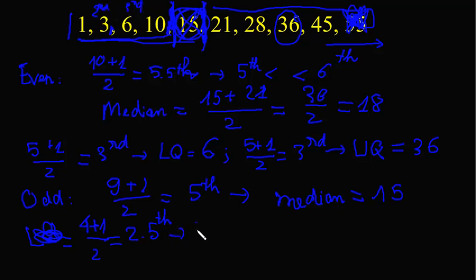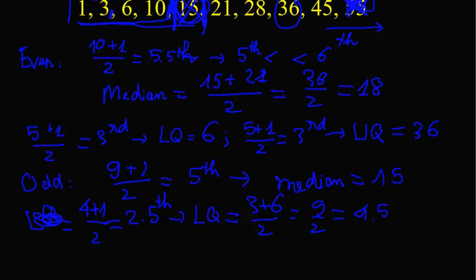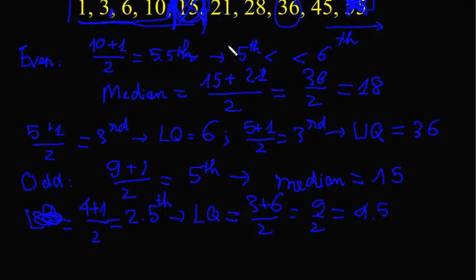So the lower quartile equals (3 plus 6)/2, which is 9/2, equal to 4.5. For the other half, 21, 28, 36, and 45, we don't consider the median here.